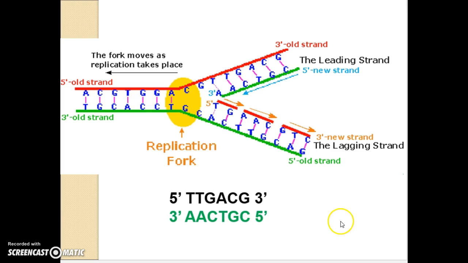So it's important. This is a picture again showing you how replication is occurring. And we're going to go into replication in depth when we study molecular biology and start looking at DNA very closely. But here I just want to point out, for example, if I have a 5' to 3' strand of DNA and I'm making a new copy, I'm making a polymerized set of nucleotides. Each of these letters represents a nucleotide that is getting laid down, and it's going to be the opposite.